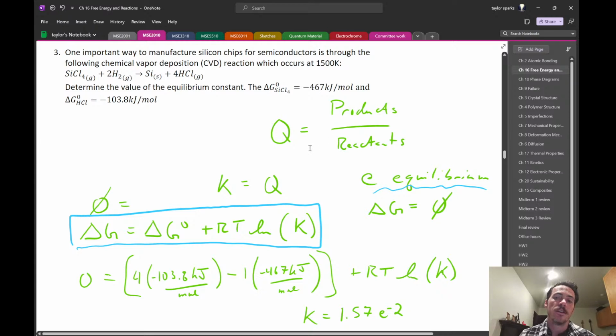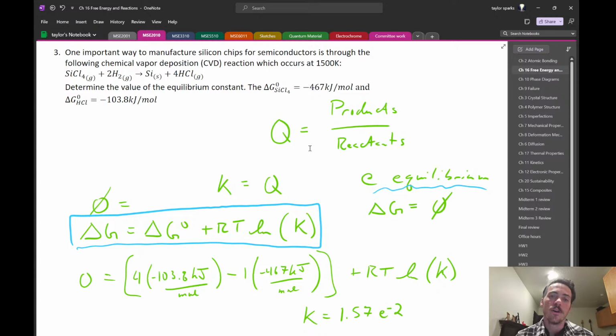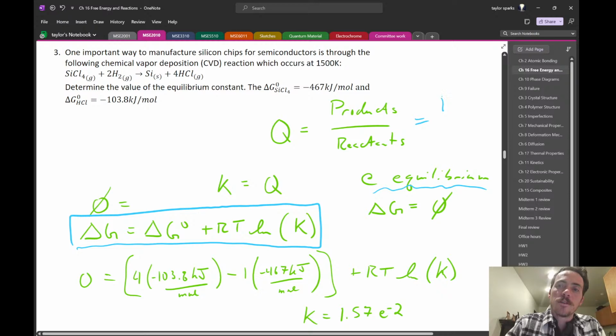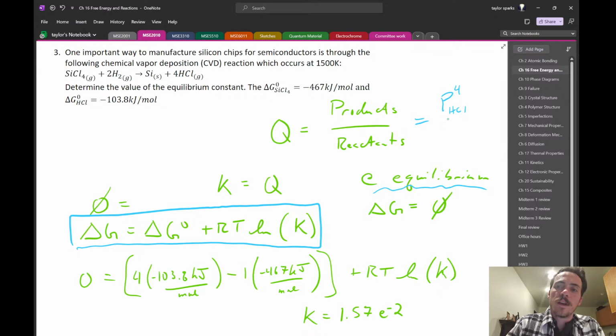In this class, we make the huge assumption that we're going to ignore solids, and that all you really need to know is the ratio of the partial pressures of your products over your reactants. Where you raise the partial pressure, let's say of hydrochloric gas, right? In this one, because it's a product, I would say the partial pressure of HCl, but I would raise that to the fourth because it has a coefficient of 4 in front of it.